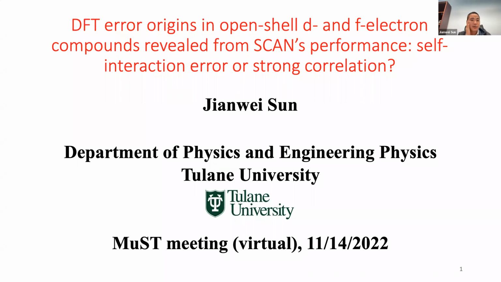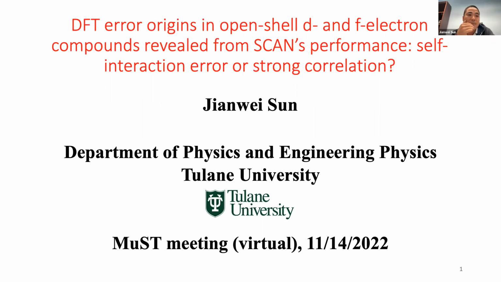I will talk about the performance of SCAN on some correlated materials, or open-shell d and f electron compounds, and try to discuss the origins of the errors in these correlated materials from a density functional theory perspective.